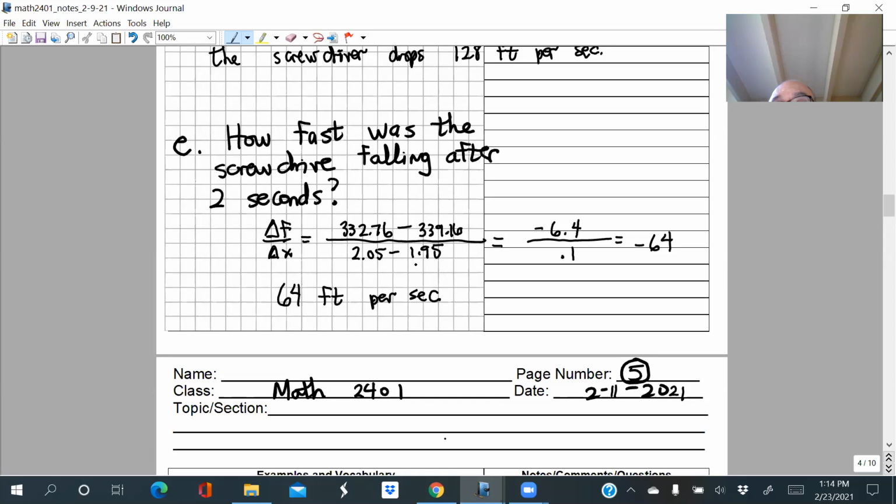What's the key? The curve must look like a straight line. So if you have a curve that's not a straight line, you're going to have to zoom in on a piece of the curve that does look like a straight line to calculate an instantaneous rate of change.